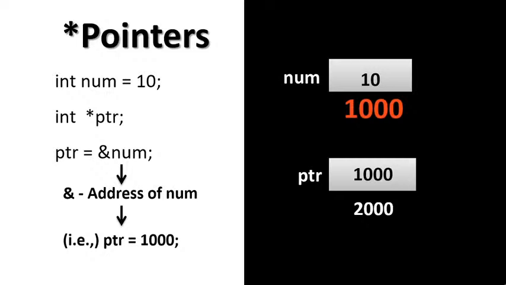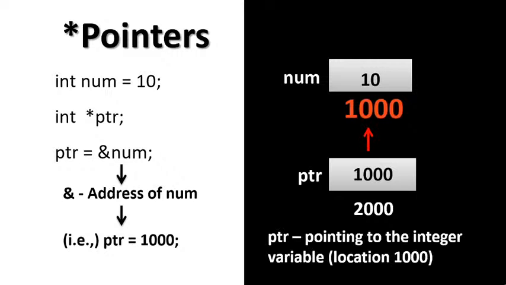Now ptr will have its own address, that is not our concern here, but the address of num will be stored, that is 1000 in this case. So ptr is pointing to the integer variable, to that location. Now if I print star ptr, what will be printed? 1000 will be printed or 10 will be printed?